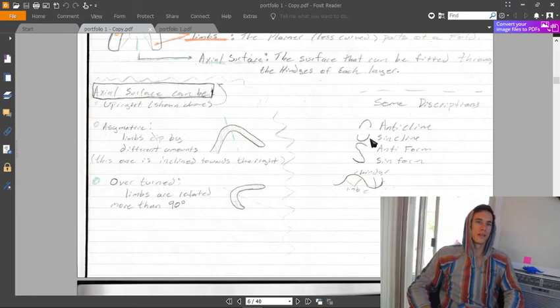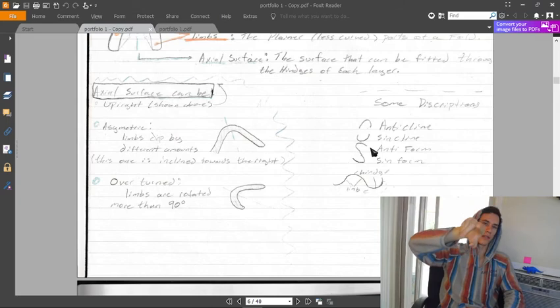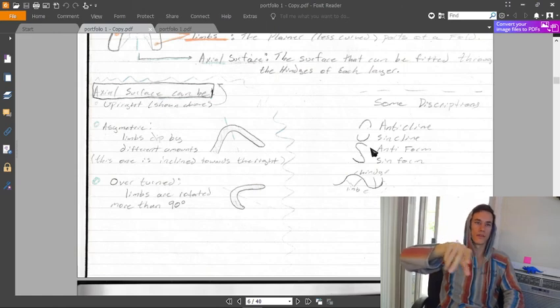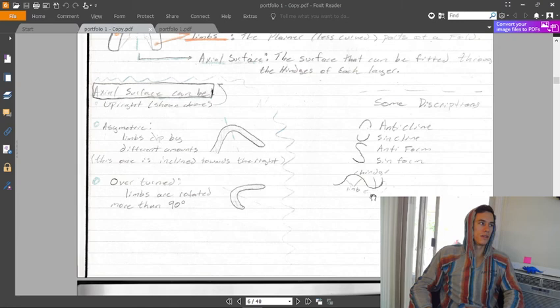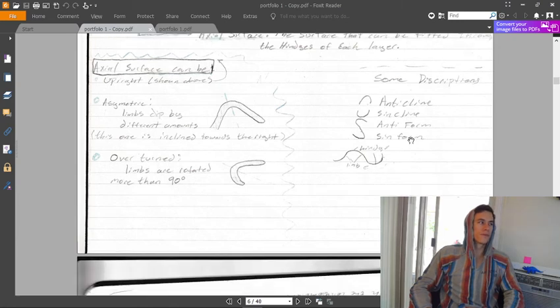So: anticline, syncline, antiform, which has more anticlinal characteristics, and synform, which has more synclinal characteristics. And here you can see limb, limb, hinge, hinge, limb, limb. But here's where I'm going to take a little break and assess how I'm doing on the videos.